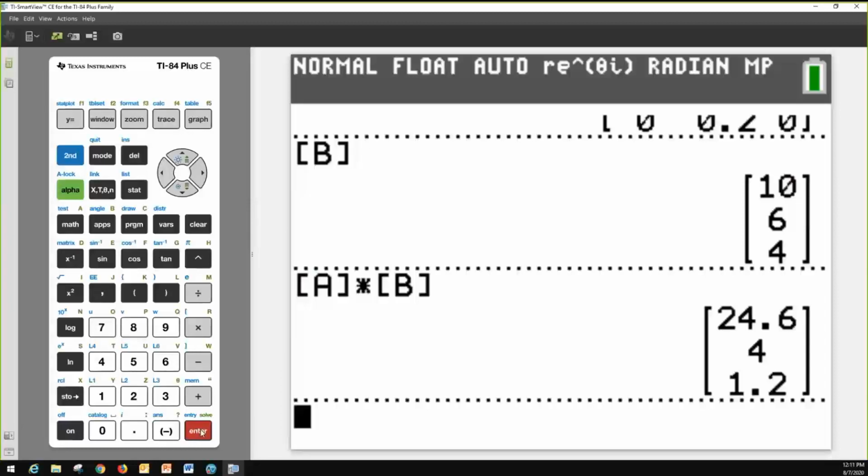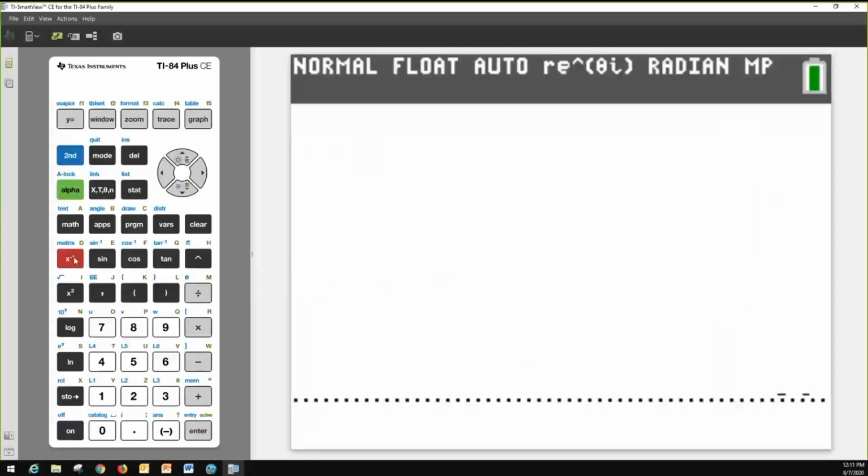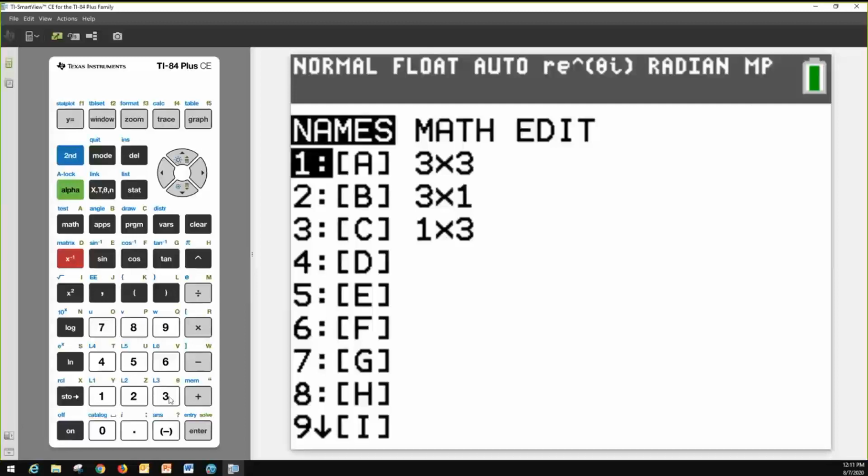So I need to find out when the population is going to exceed 1,000 rats. So I could sit there and do that time and time and time again. And the total number of rats is 28, and one more is 29, almost 30 rats. Seems like I've got to add these up. Well, you might have noticed that I added an extra matrix in here, which was matrix C.